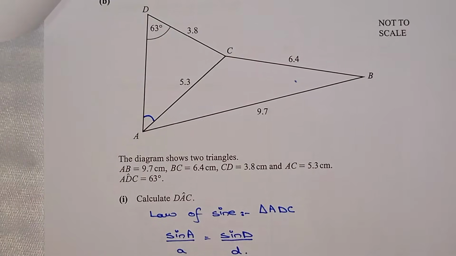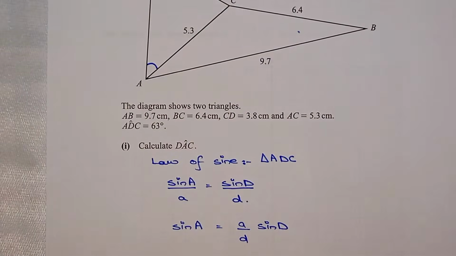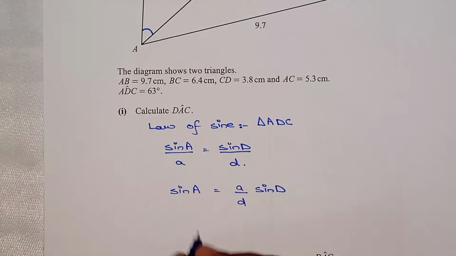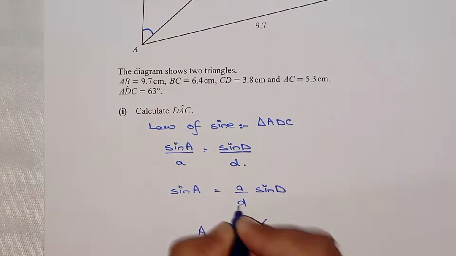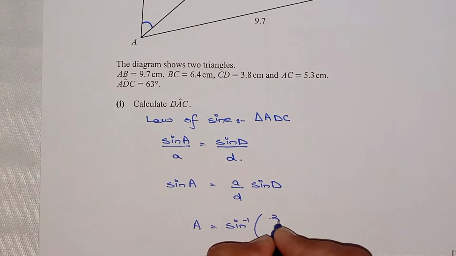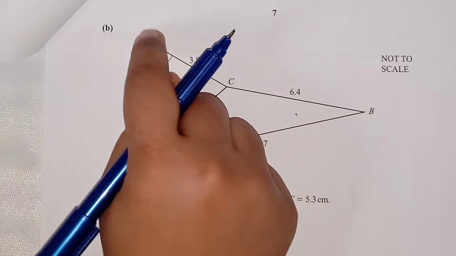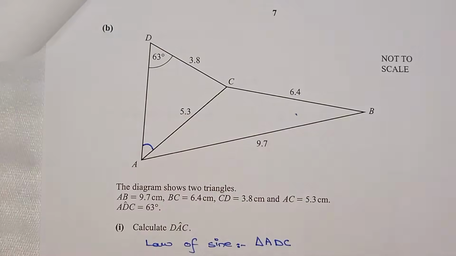So sine A would be equal to a over d times sine D. So angle A equals sine inverse of a over d times sine D. The side opposite A is 3.8, and the side opposite D is 5.3.